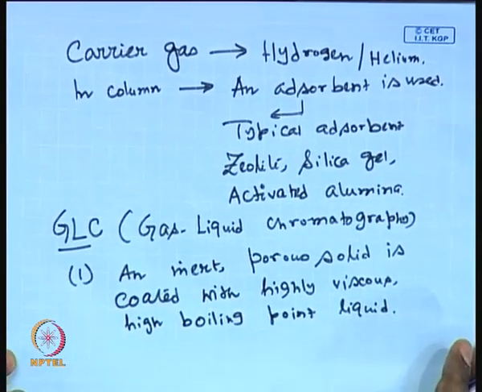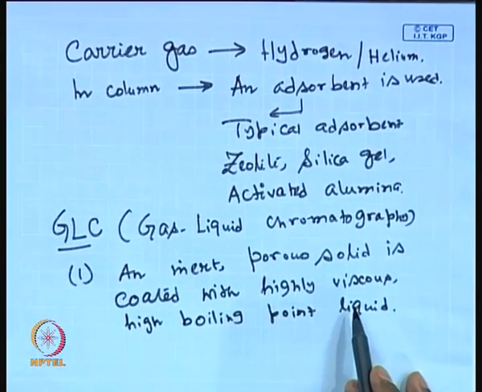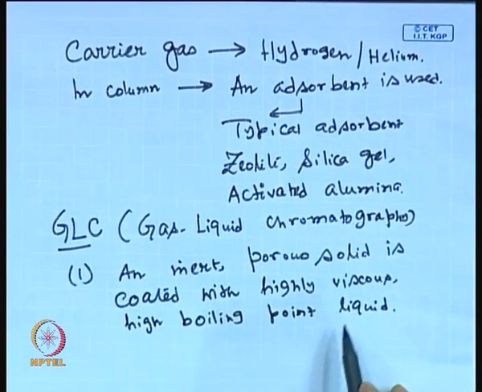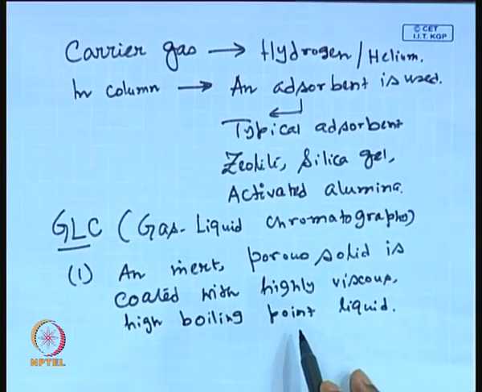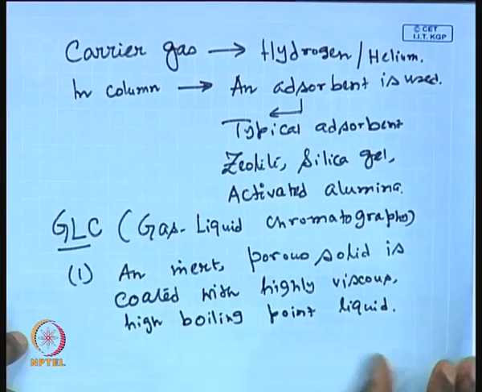The purpose is basically that this liquid phase, which is highly viscous, is almost a stationary phase. That means it does not move on the solid surface, it will stick to the solid surface. Number 1. Number 2 is, since its boiling point is quite high, you can go for higher temperature operation as well, so that it will not evaporate. Therefore, this stationary phase will cause the separation.